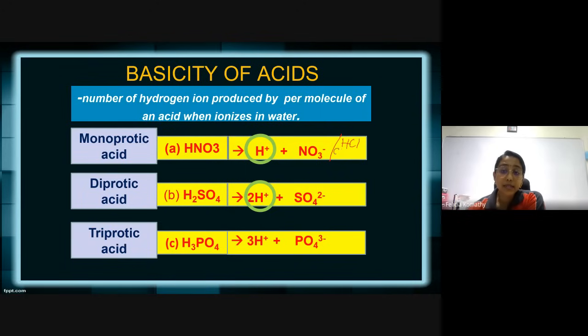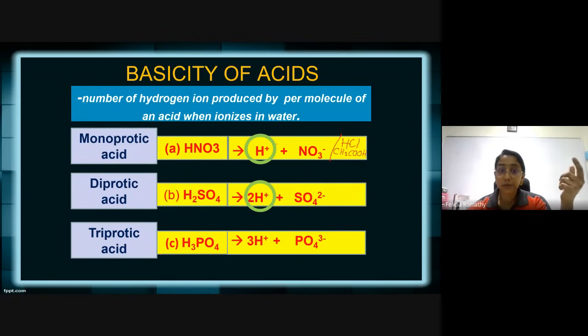Another one is ethanoic acid. Remember, ethanoic acid is still a monoprotic acid, but this is a weak monoprotic acid. When we talk about monoprotic acid, you have to be quite alert that you have to consider the strength of the acid.